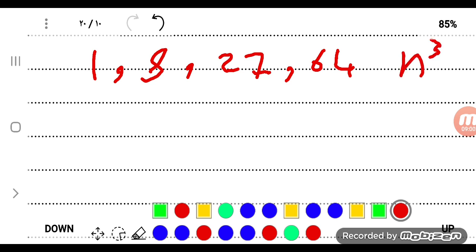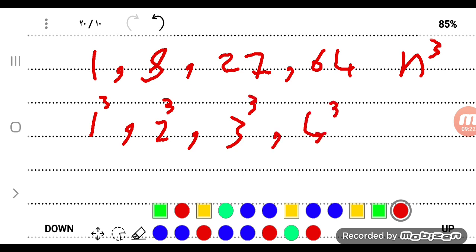So for example, 1 to the power of 3, then 2 to the power of 3, then 3 to the power of 3, then 4 to the power of 3, and so on. So the nth term for this sequence is n cubed.